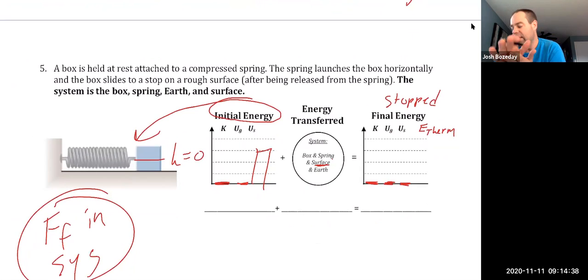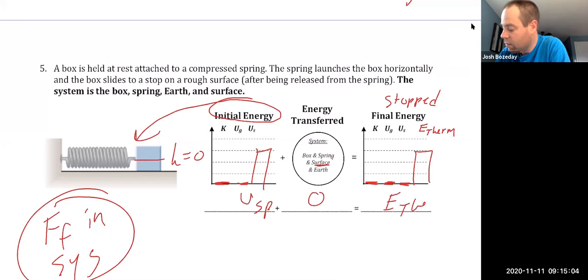That friction heats up the block and the ground, and so there's thermal energy. So there's 3 units of that. Any questions? So if we had numbers, we can plug in our numbers because we've made our equation. U spring plus 0 equals E therm.